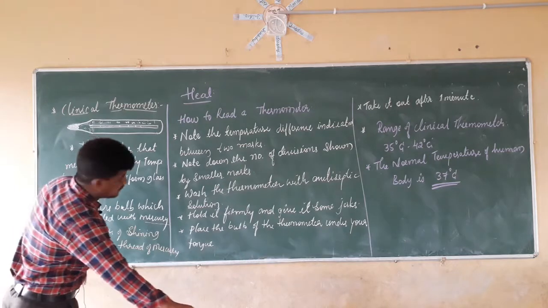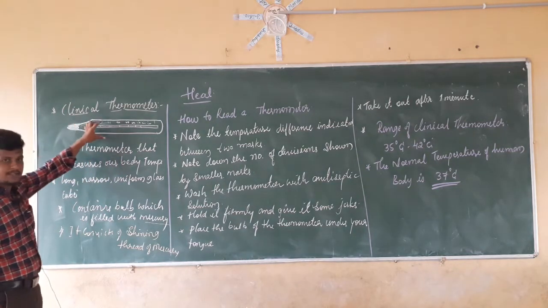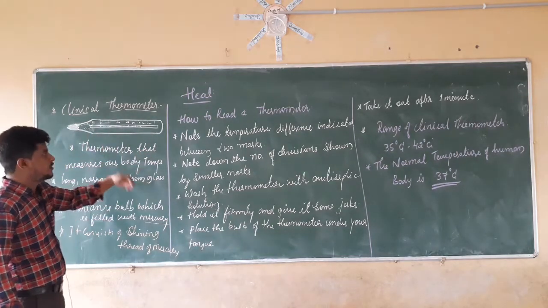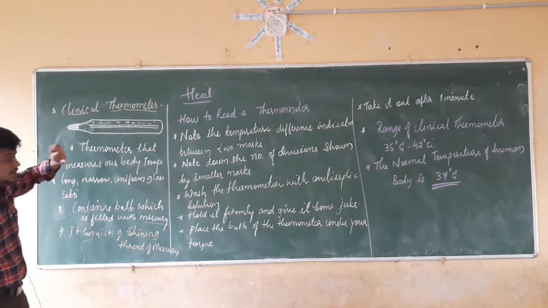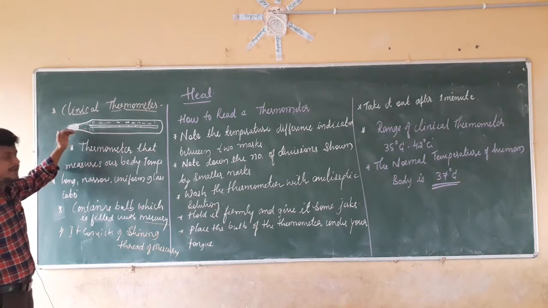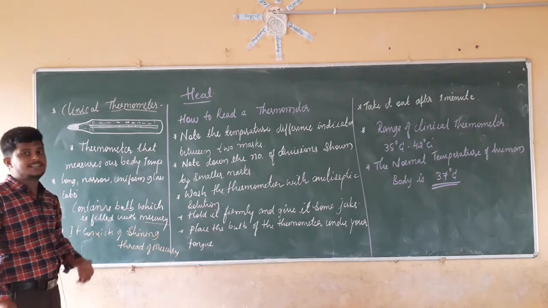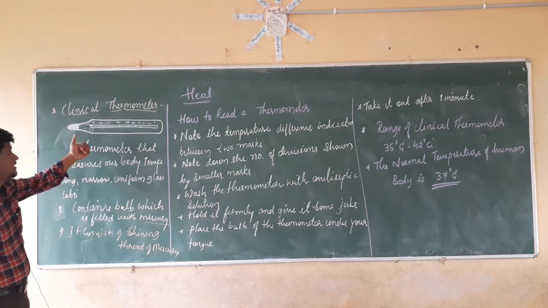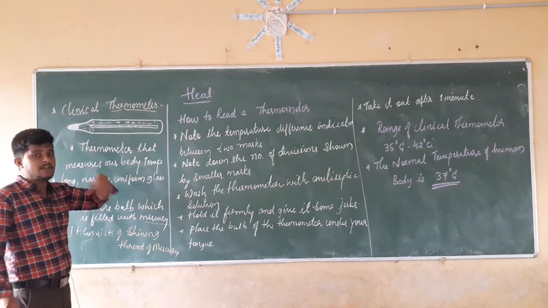We came to know about the various parts of this clinical thermometer. First one is the glass tube, which is narrow, long, and has a uniform length. Then the bulb, present at one end, is filled with mercury which is silver in color. Then we have a thread filled with mercury again, which has a scale.